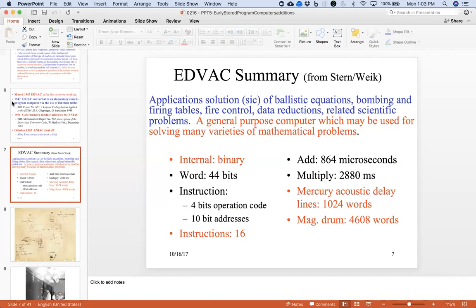So first of all, the big thing, as I mentioned, is that this computer was a binary computer. Just like what Atanasoff tried to do, it used base 2 as a number system. Okay, and now I'm going to be introducing some terms along the way here because we didn't cover all of them.